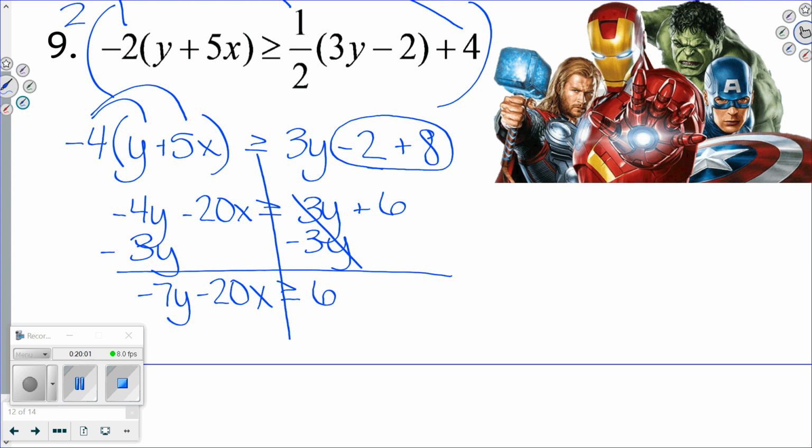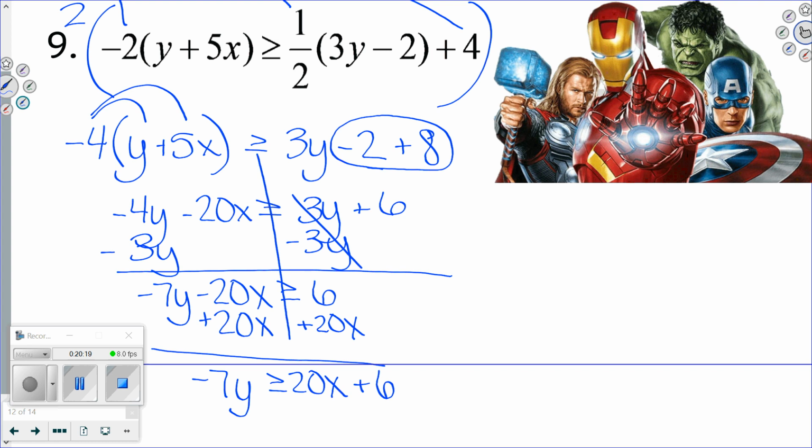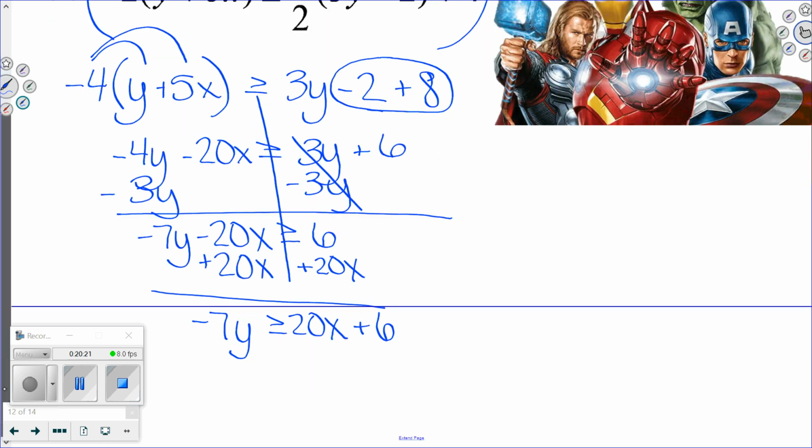Then what? Add the 20. There you go. So add 20x. Are those like terms? Nope. So negative 7y greater than or equal to 20x plus 6. Just 7?